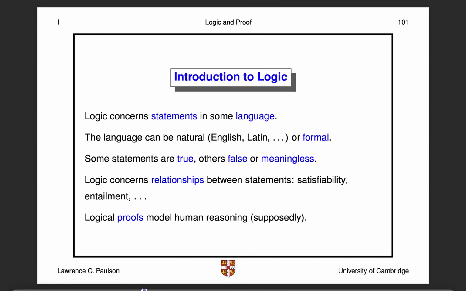Historically, the reason people have studied logic is with the aim of modeling human reasoning. I would express some skepticism here. Certainly, people in the past who have tried to use formal logic to do common sense reasoning have been unsuccessful.